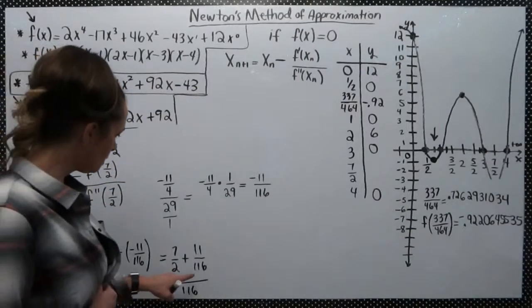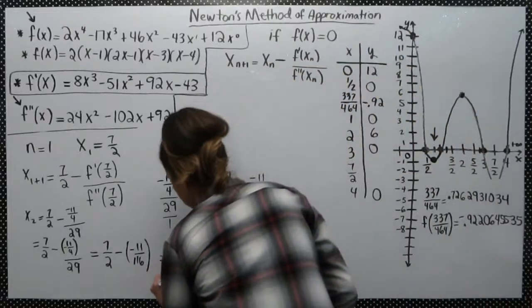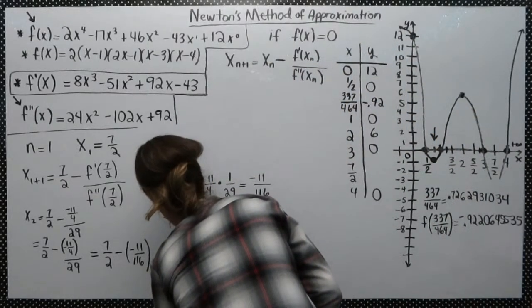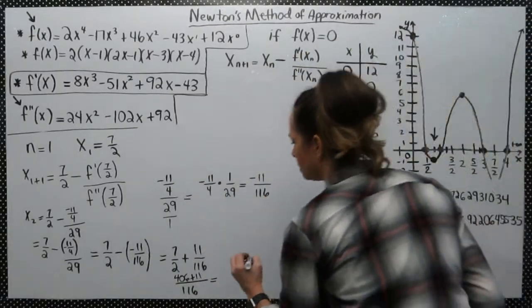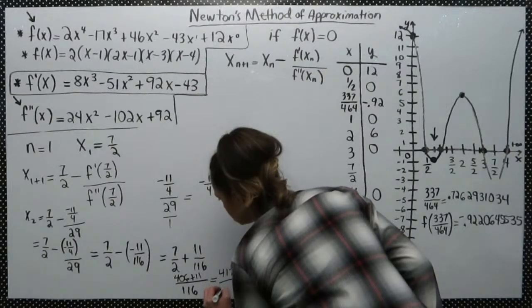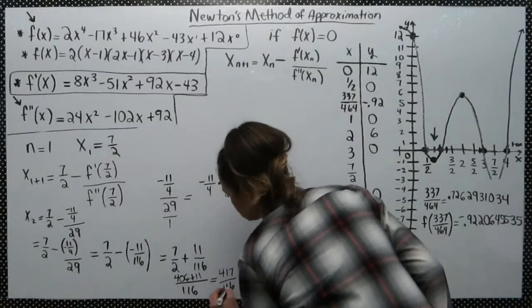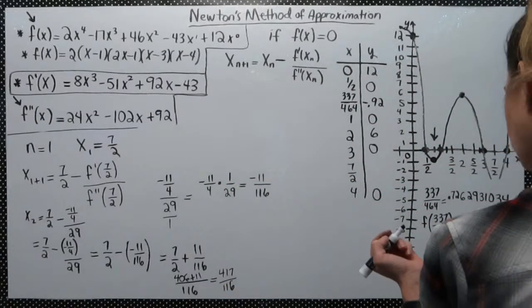See, 2 goes into 116 58 times. 58 times 7. All right, so this top one I'm getting 406 plus 11. So it looks like 417 over 116.